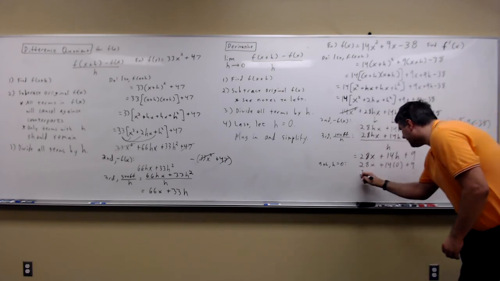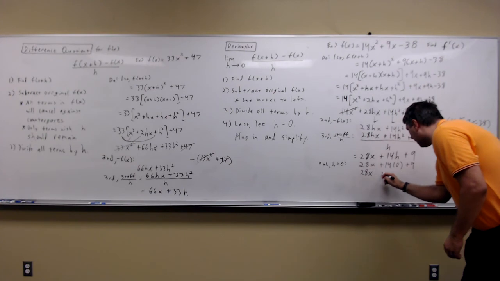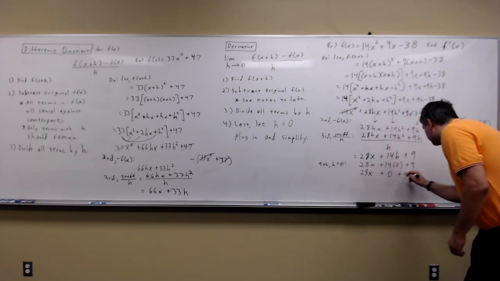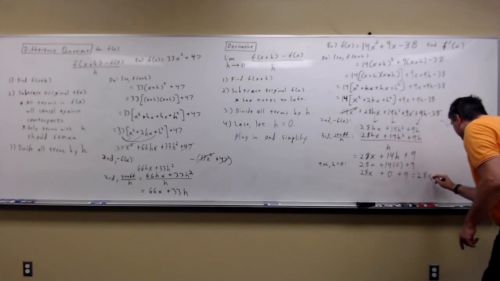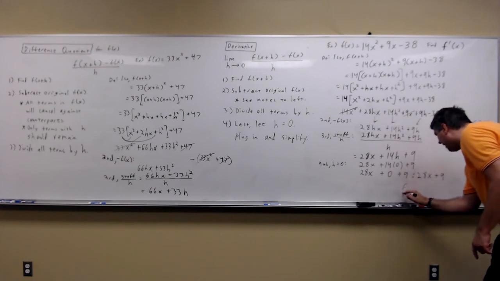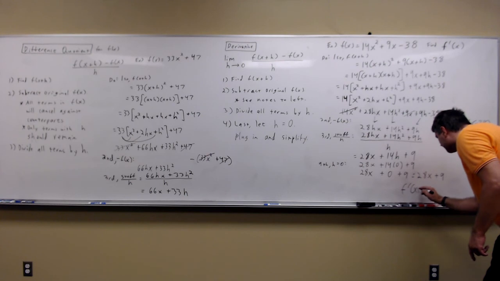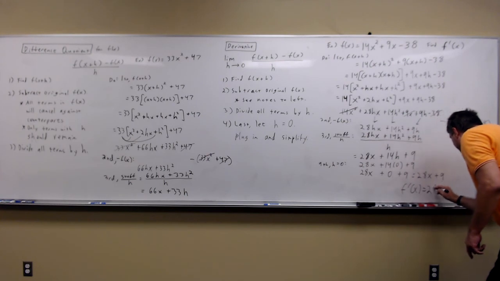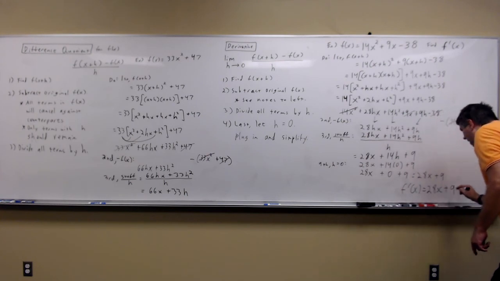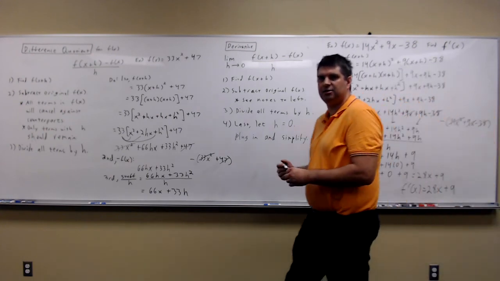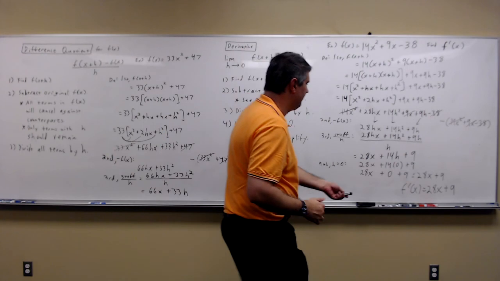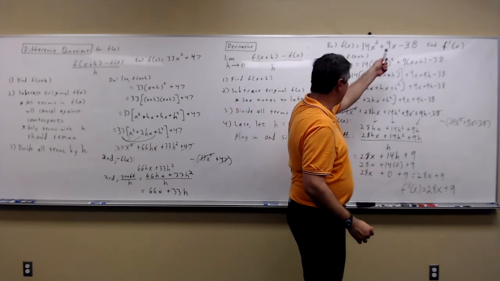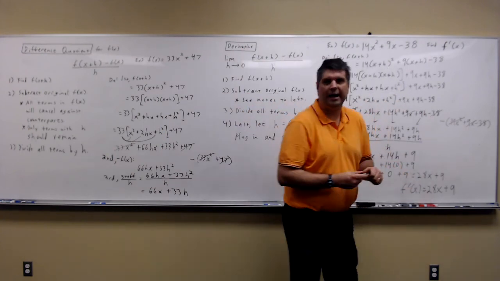So I'll have 28x plus 0 plus 9. That just gives me 28x plus 9. So f prime of x is 28x plus 9. That is the derivative of this function. So this is the derivative of this. All right, I'm done.